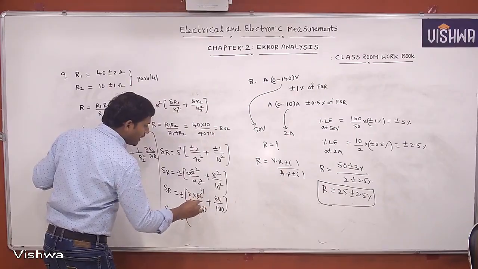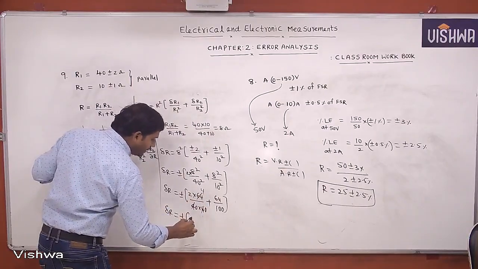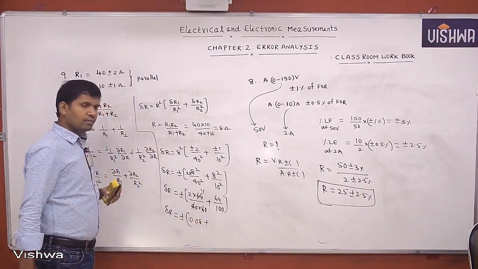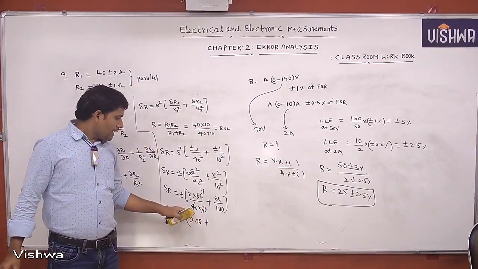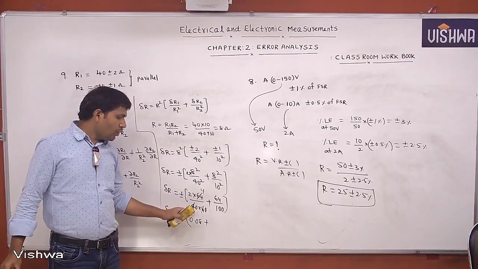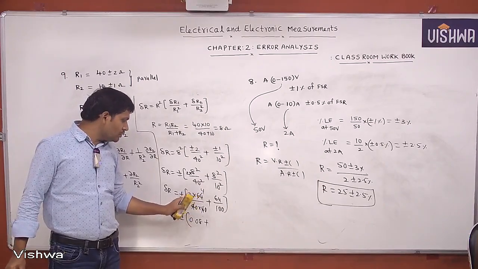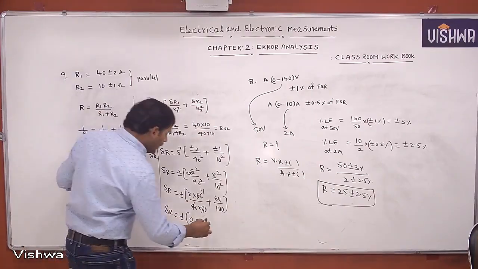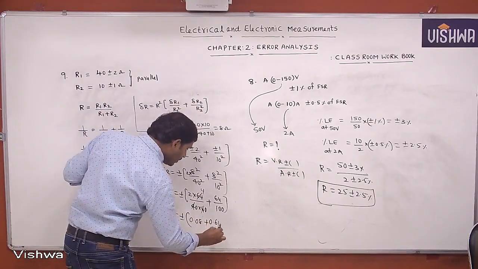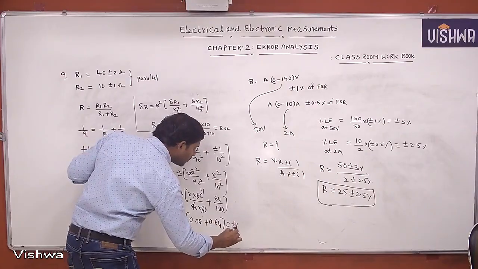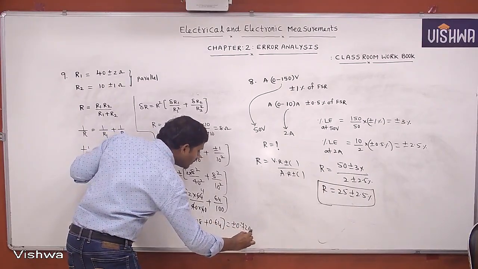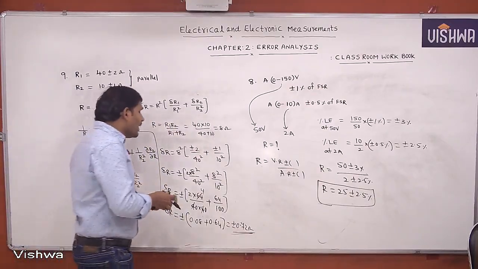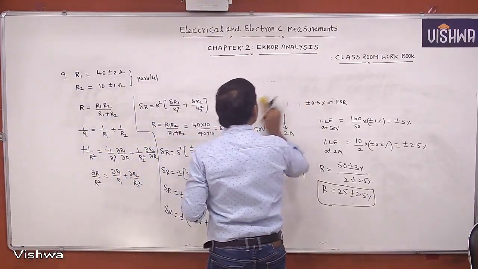This is 4 times. This is 8, that is 0.08. Plus, 8 by 100, that is 0.08. This is how much? 0.64. Then how much do you get? Plus or minus 0.72 ohms. This is delta R.